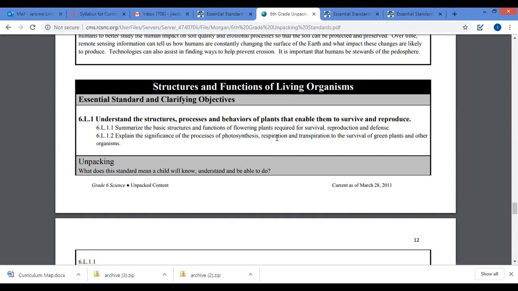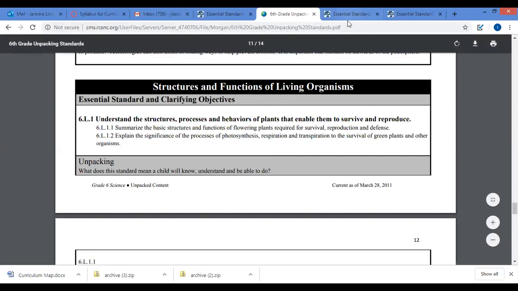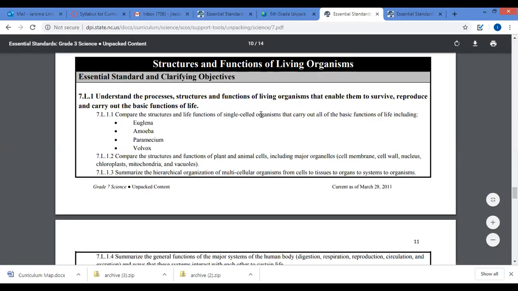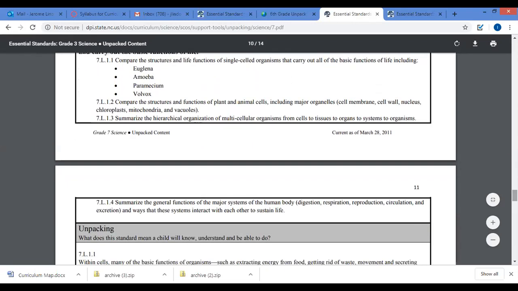It takes on that more process or function that is happening in the cells. However, grade 7, which is our focus, we do see the focus on single cell versus multicellular, and of course the extension of this is to get into those major body systems in humans.